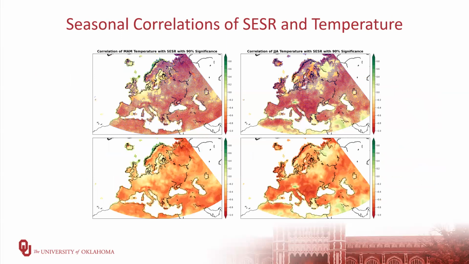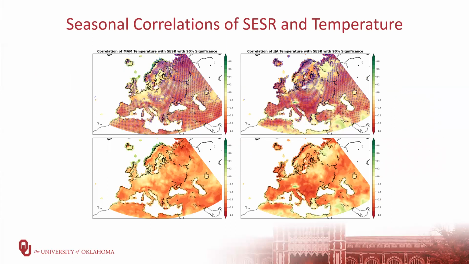But when we plot the seasonal correlations of temperature with SESR, our measure of evaporative demand, we see something very different. In both spring and summer, we find that there is a very strong negative correlation. This reinforces what we'd expect.